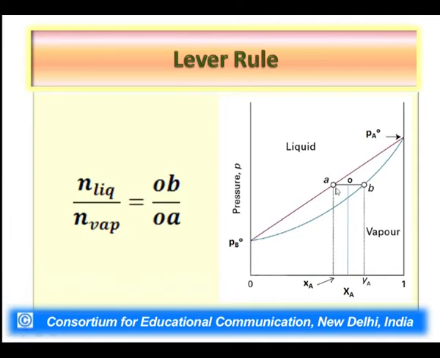On this line, the tie line AB, there is a point O which is the overall state point. This can lie anywhere on the line, but it is important to note that if point O coincides with point A, it means the whole system is only liquid phase, with only a small bubble or very trace amount of vapor present.